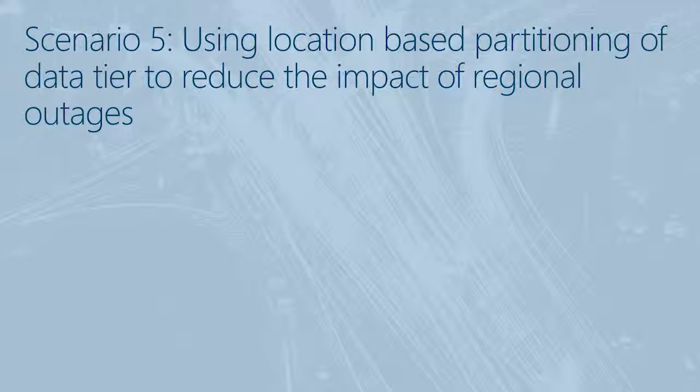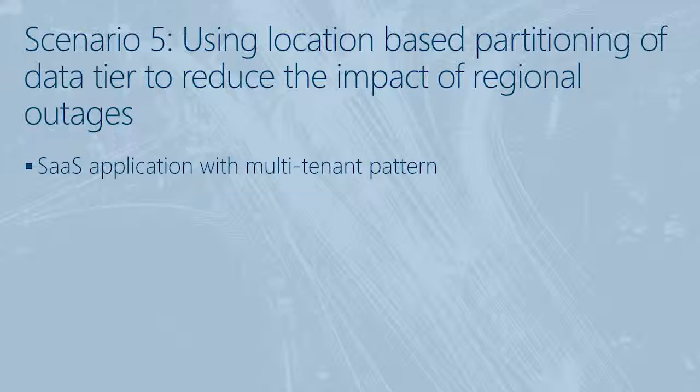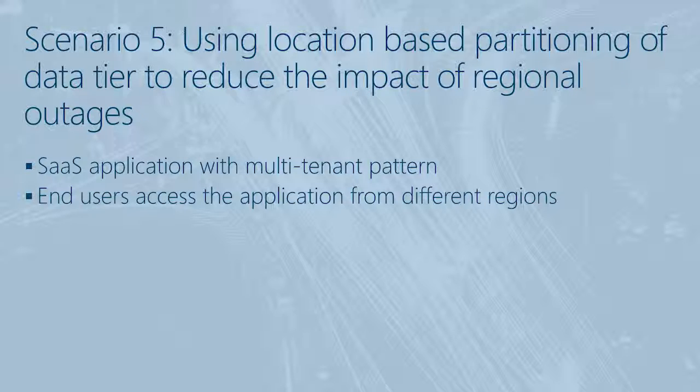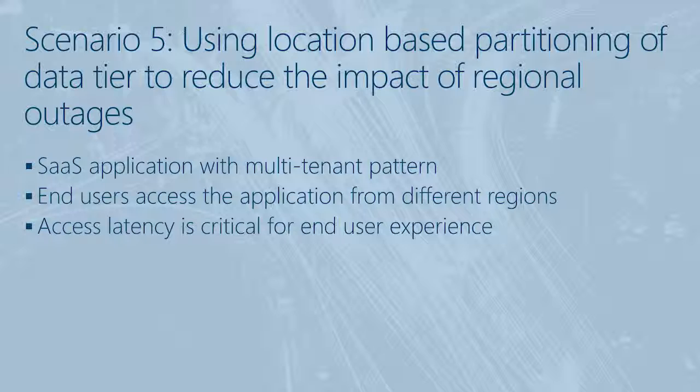And the final one I'd like to cover is the case where you implement an active-active pattern where you have a SaaS application with a multi-tenant pattern, and you have a clear notion that tenants are located in the region where they belong. So you have essentially partitioning of tenants per region or per geography.